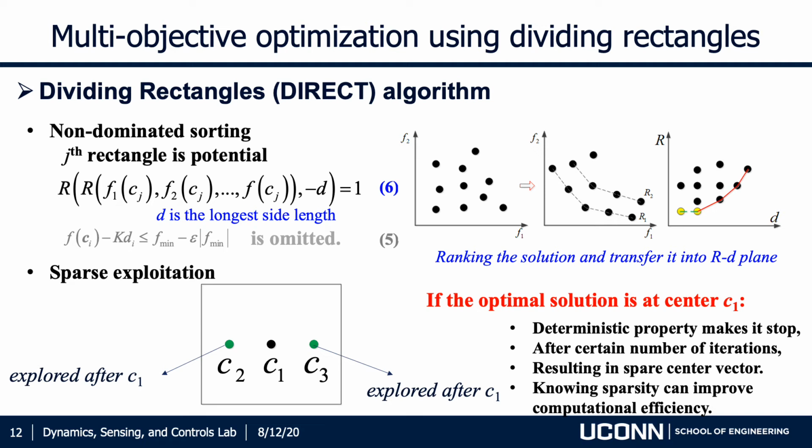Another development is the sparse exploitation. As shown in the bottom picture, firstly we calculate the objective function at center C1 and then ignore C2 and C3 simultaneously. But if there is no improvement at C2 and C3 when exploring, then due to the deterministic property of the algorithm, it will stop after a certain number of iterations.